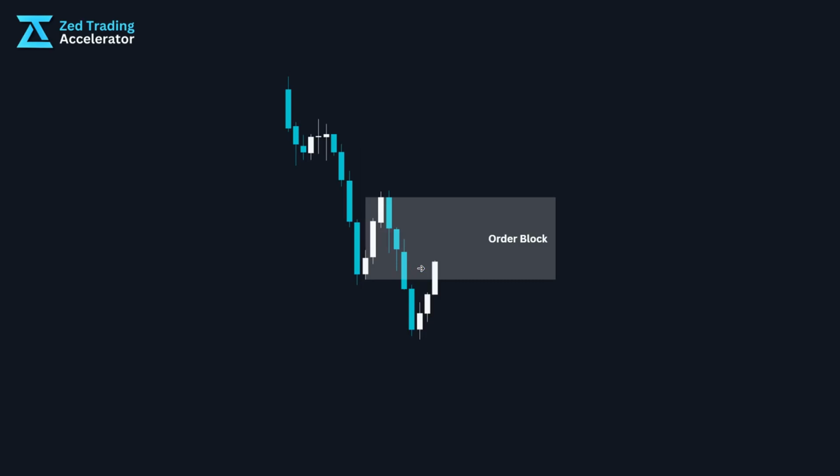We don't want to see it go any further. We want to see it reject this order block. This order block should provide resistance. The price should now go lower. As we can see, the price has fully respected the order block.